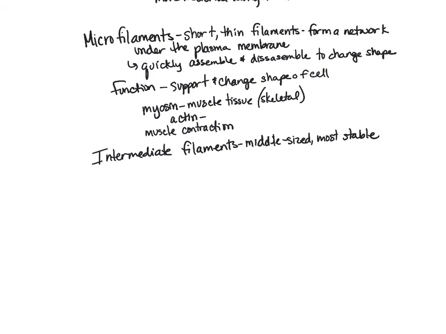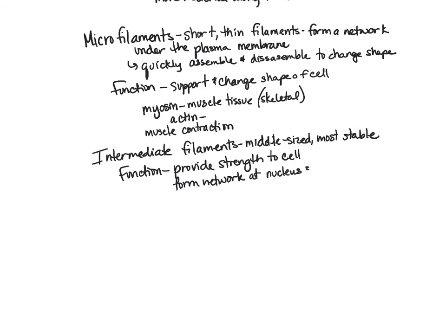But then we have our intermediate filaments. These are going to form networks at the nucleus and at cellular junctions, and these are going to provide strength to the cell. So the function is to provide strength to the cell, and then to form this network at the nucleus and cell junctions, which we'll talk about next.